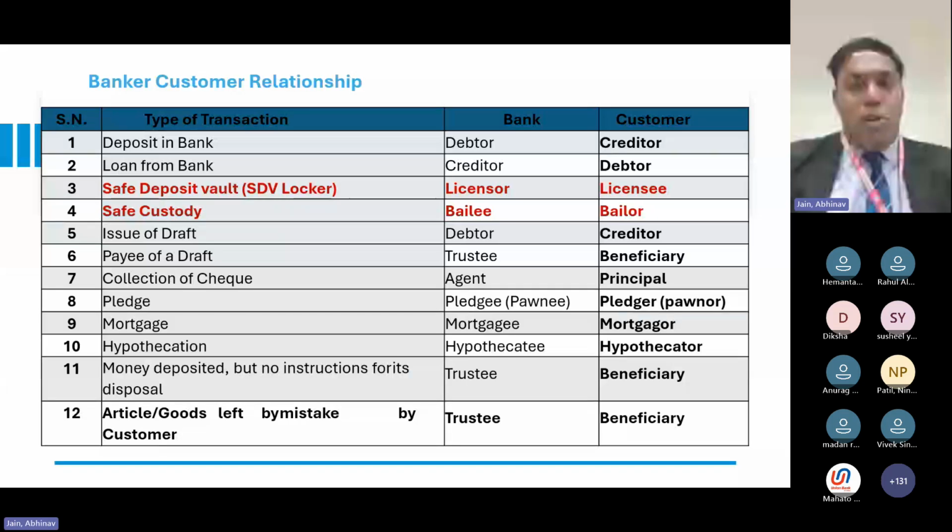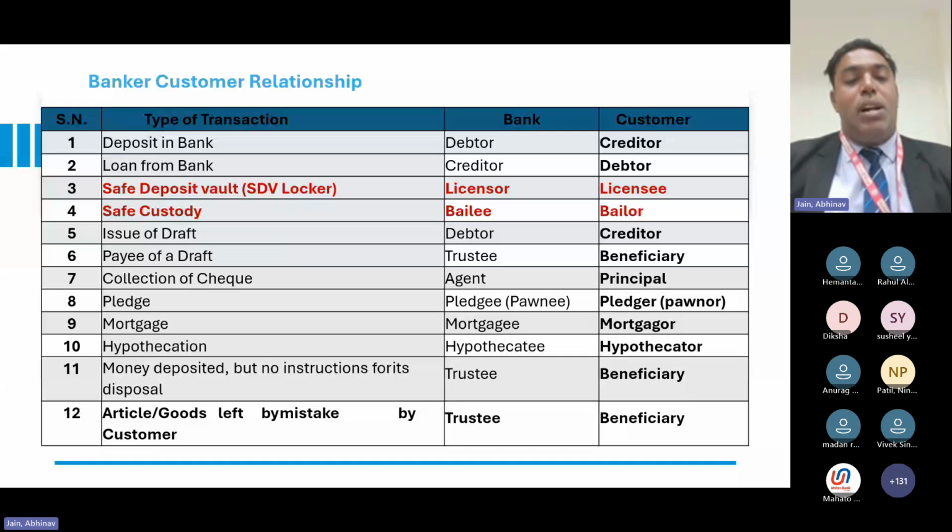We means bank. The bank is an agent over here and the customer is principal. In case of pledge, the customer is a pawnor or pledgor and the bank is pledgee or pawnee. In case of mortgage, the bank is mortgagee and the customer is mortgagor. In case of hypothecation, if we are creating a charge by hypothecation, the bank is hypothecatee and the customer is hypothecator.